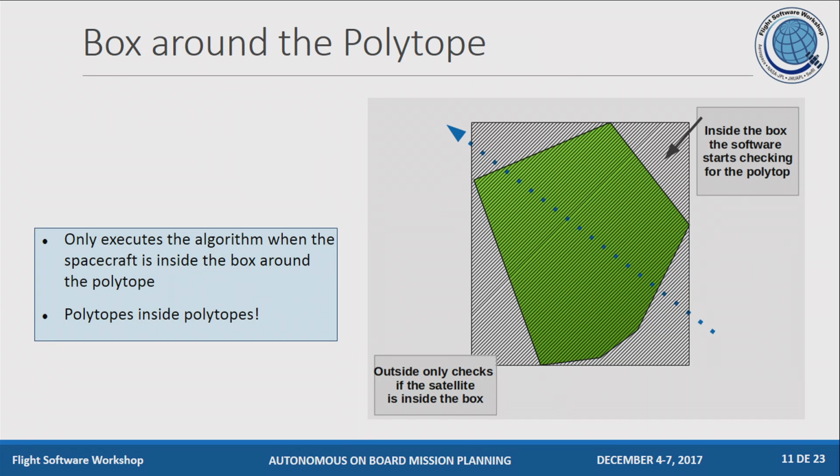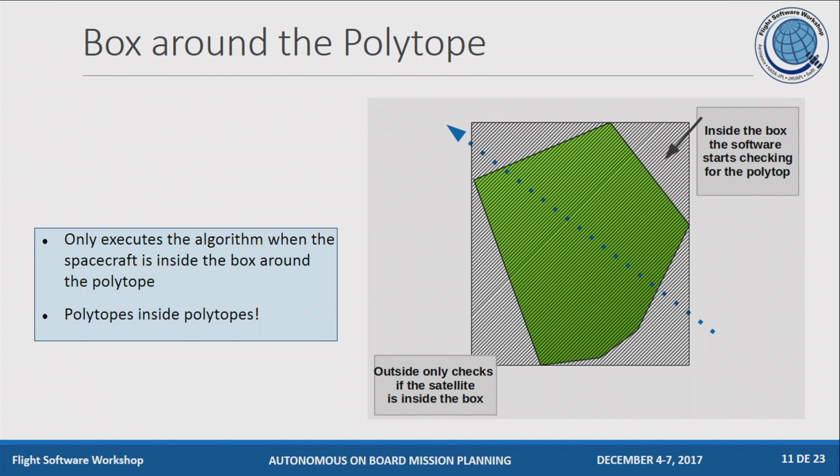Next, please. The box. Okay, this is not a box around it. The polytope is a square, and on the polytope, that's a mistake, sorry for that. And this is just an optimization for the algorithm to avoid executing all the process to check if the point is inside or not the polytope.